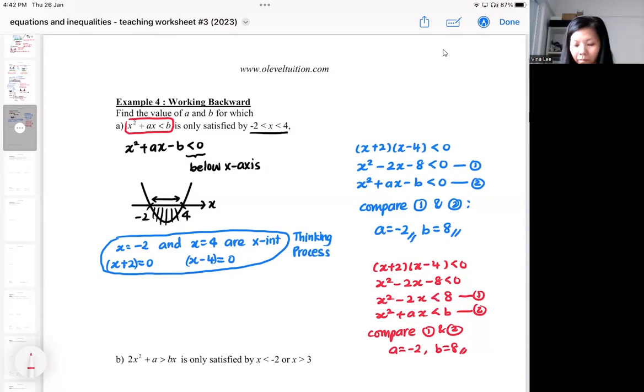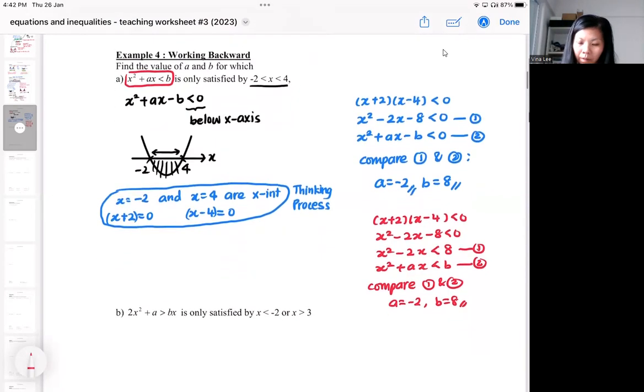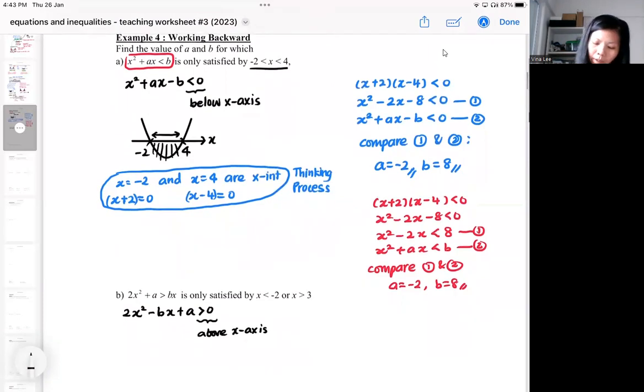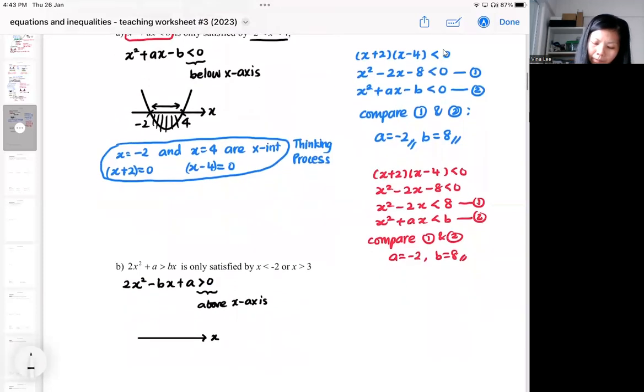appear. Okay, so for the next one, I also have a quadratic function. Let's explore it. Again, it's a smile function, and we are looking at the portion that is above the x-axis. I get two sets of answers.